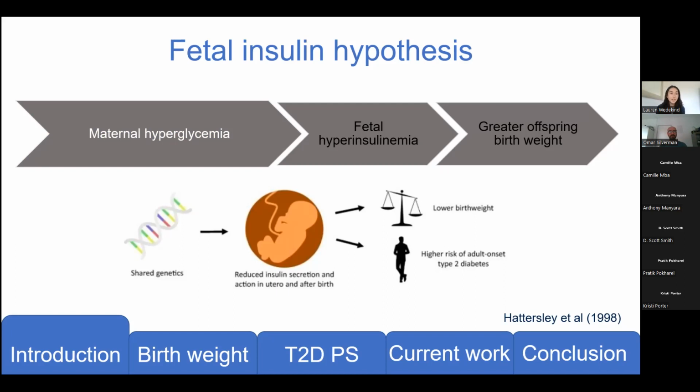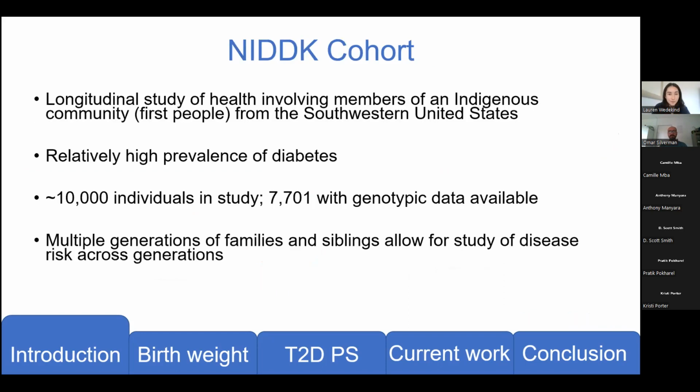So it's kind of complicated, but all these different hypotheses go together and try to play into what this U-shaped relationship between type 2 diabetes and birth weight could really mean.